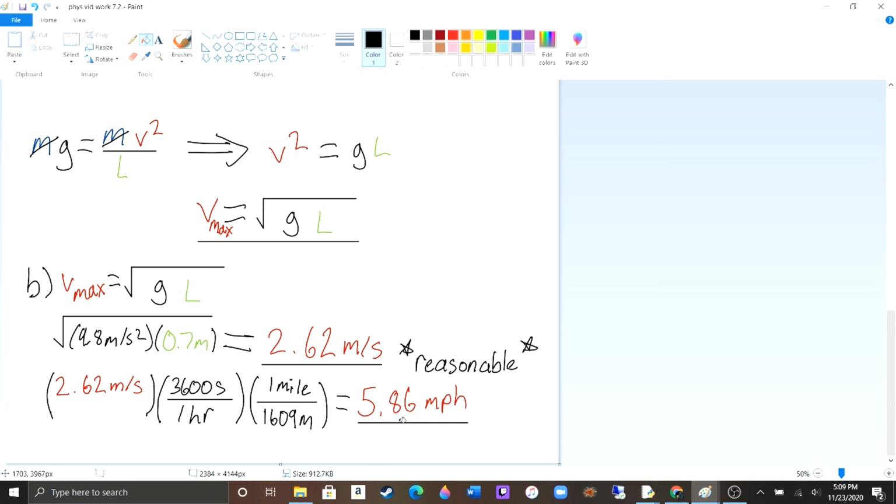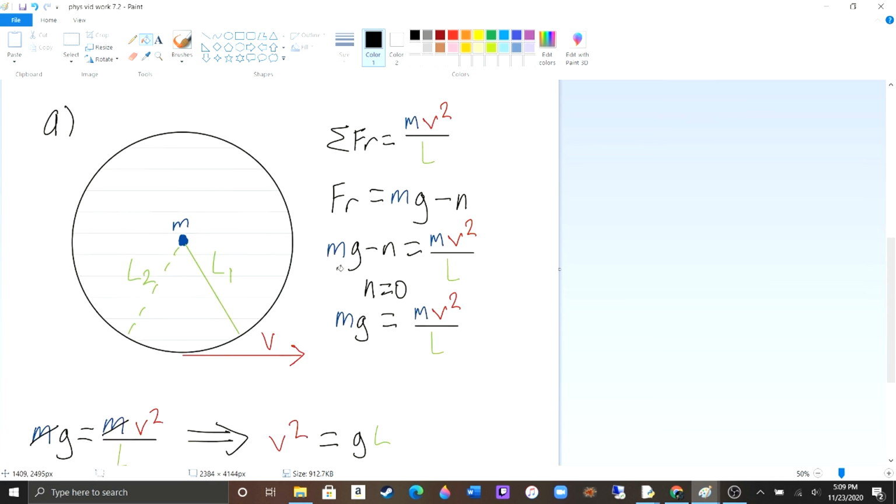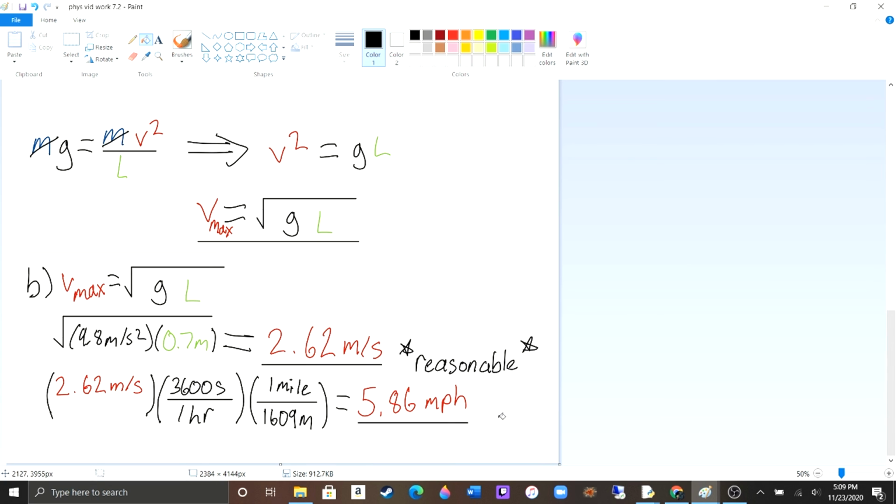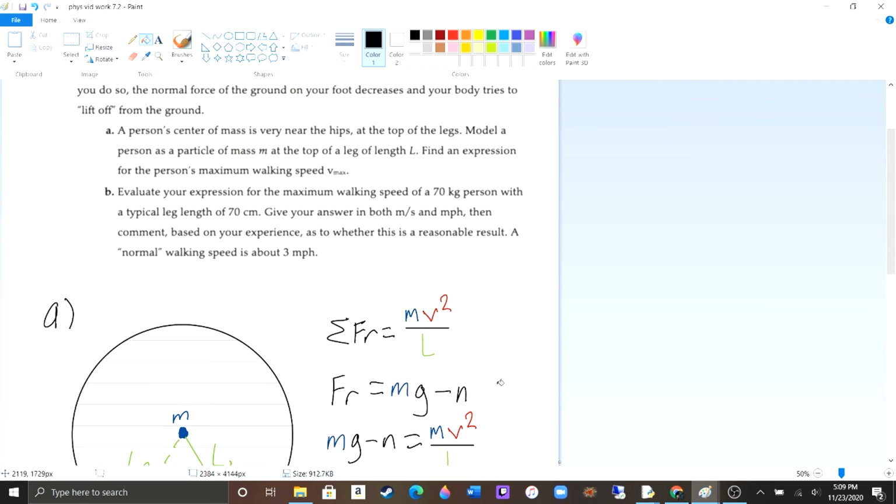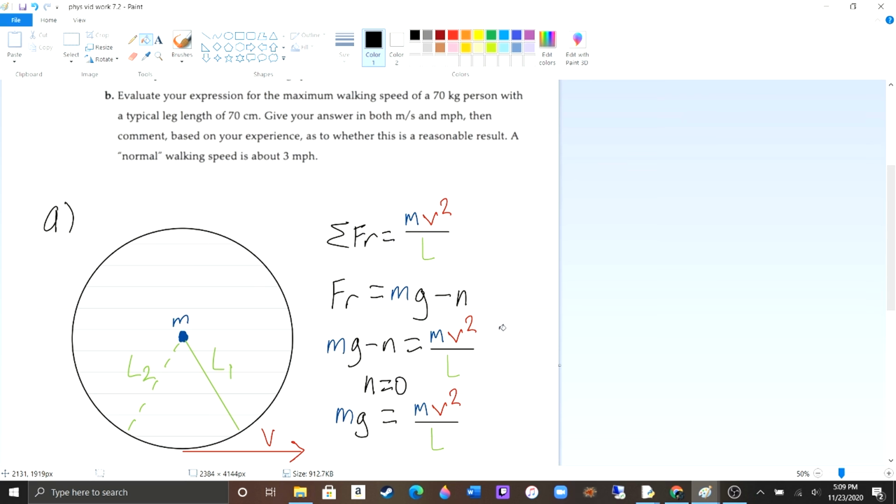So now we have 5.86 miles per hour for our maximum walking speed. And while it's not 3, I can imagine that it is probably reasonable if you were trying really hard to walk very, very quickly, so kind of like a power walk. So I would say that that's reasonable.